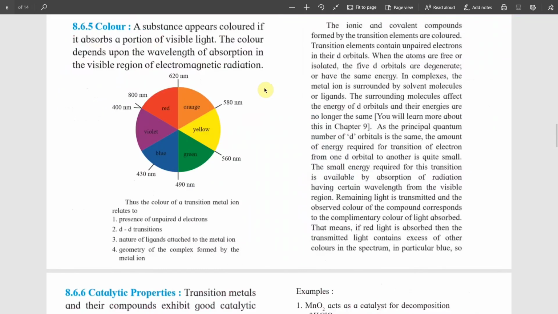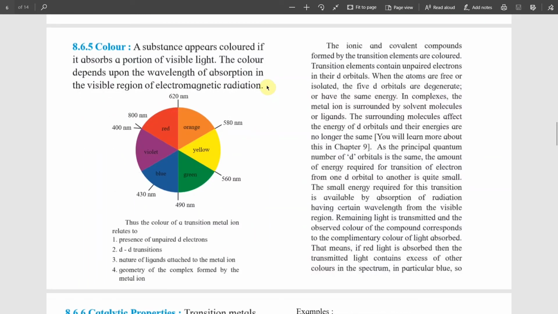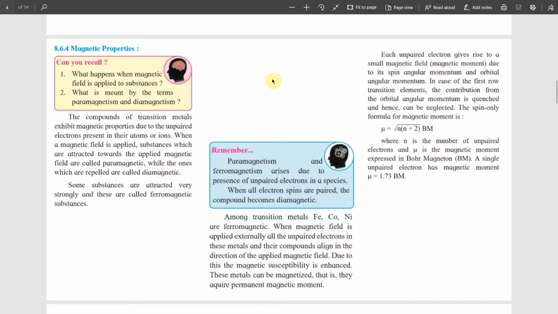Next point is magnetic property. The magnetic property of transition metals is exhibited due to their unpaired electrons in their atoms or ions.